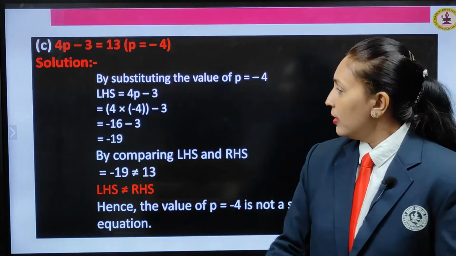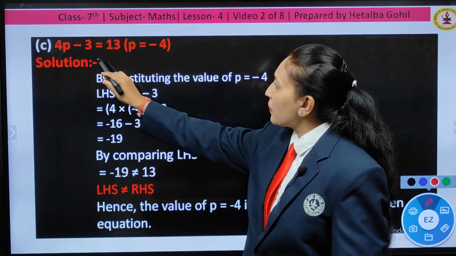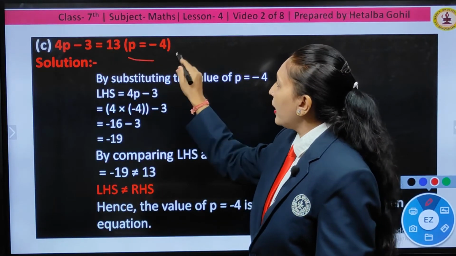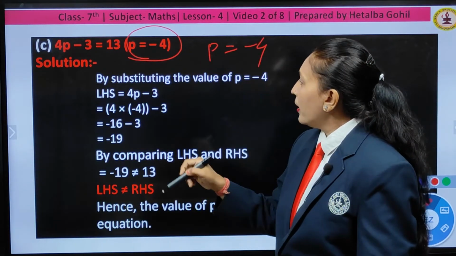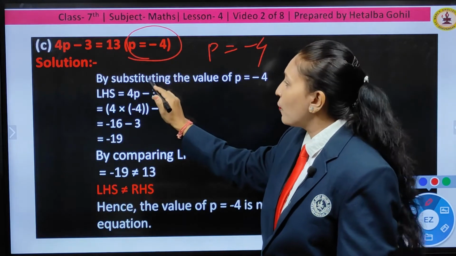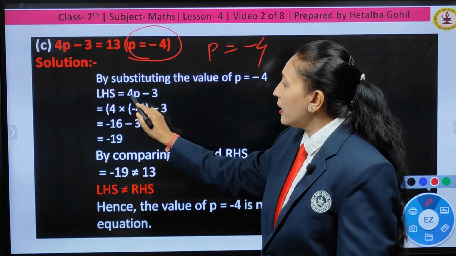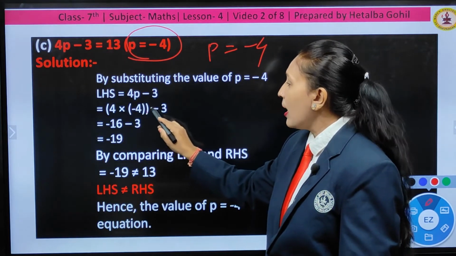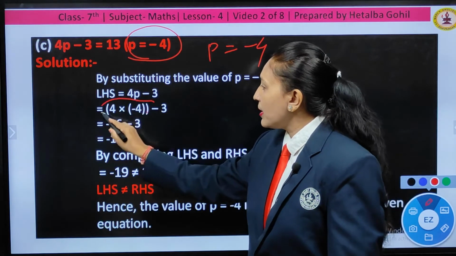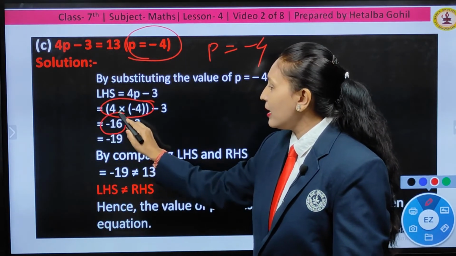Now the last one, children: 4p minus 3 equal to 13, and the value of p is given as minus 4. Putting the value of p as minus 4 in the LHS, 4p minus 3, that means 4 into minus 4 minus 3. First, 4 into minus 4 gives minus 16.